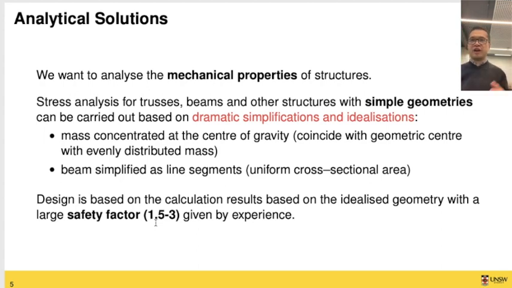That's all fine if you have things that are simple. But the world is not always simplified, so we need to take a lot of complicated factors into account, and this is what we'll be looking at in the subsequent sections of the course.